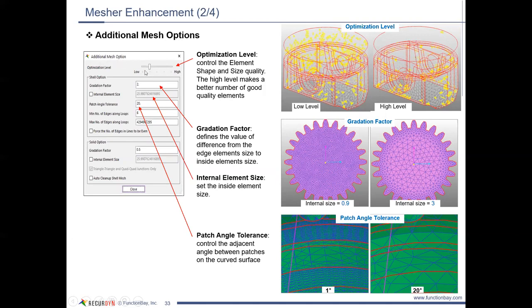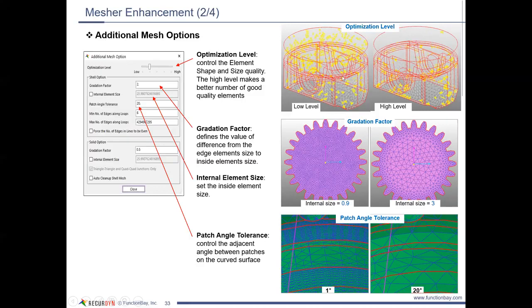First thing on the top is optimization level, and what that's all about is the element quality. This optimization, as it says here in the labels, controls both the element shape and size. To see the effect of it, look here to the right. If we have the optimization set to a lower level, these yellow faces that are highlighted, this is when you do the quality check on the mesh.